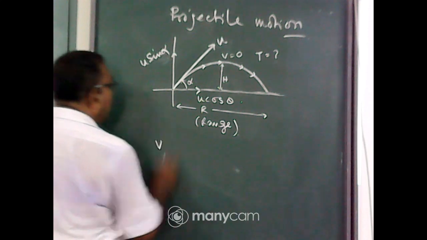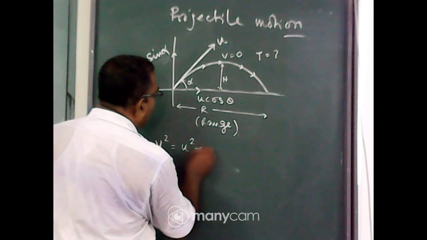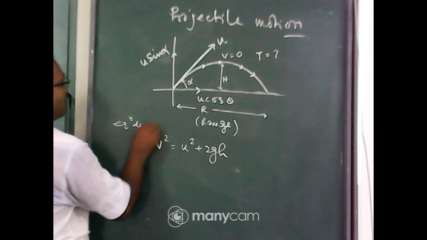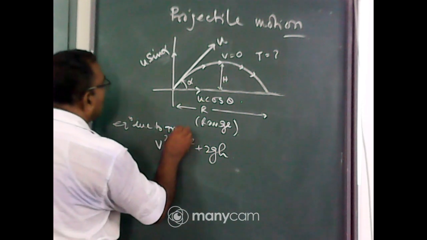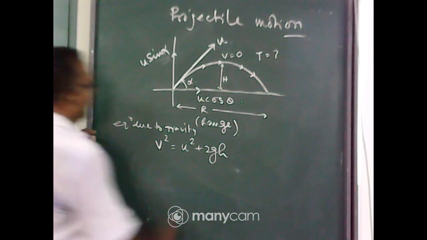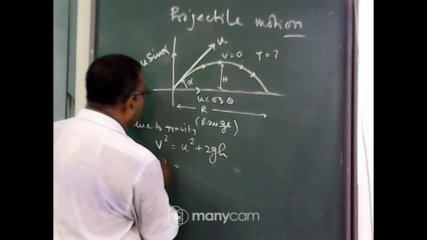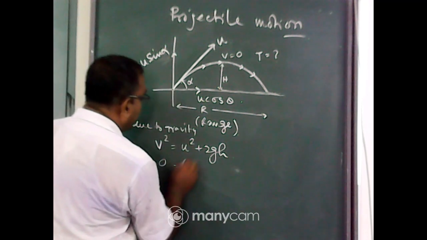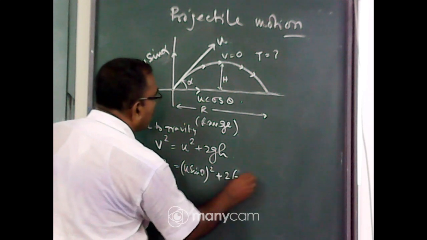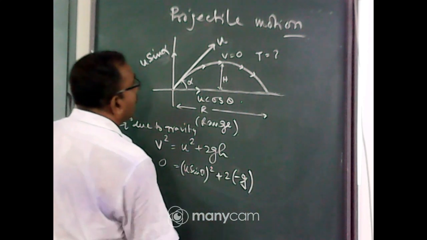So from the equation of motion under gravity, you know v square equals u square plus 2gh. Here v is 0, and u is the vertical component, u sin theta, plus 2 into minus g, because the object moves along the vertical component.